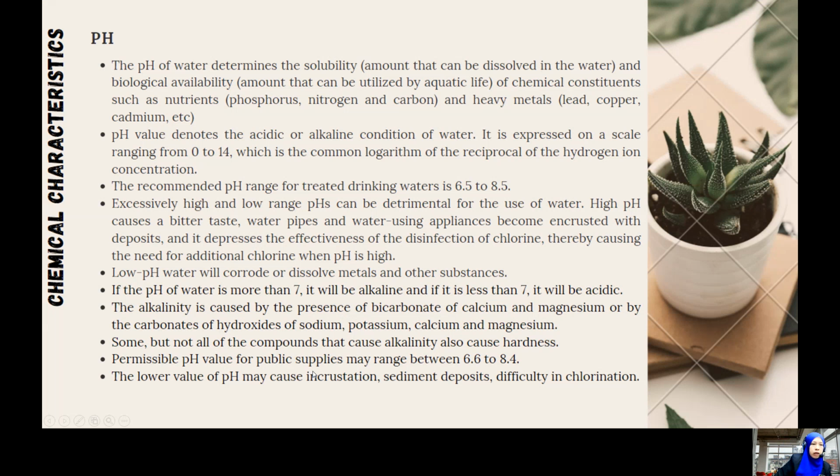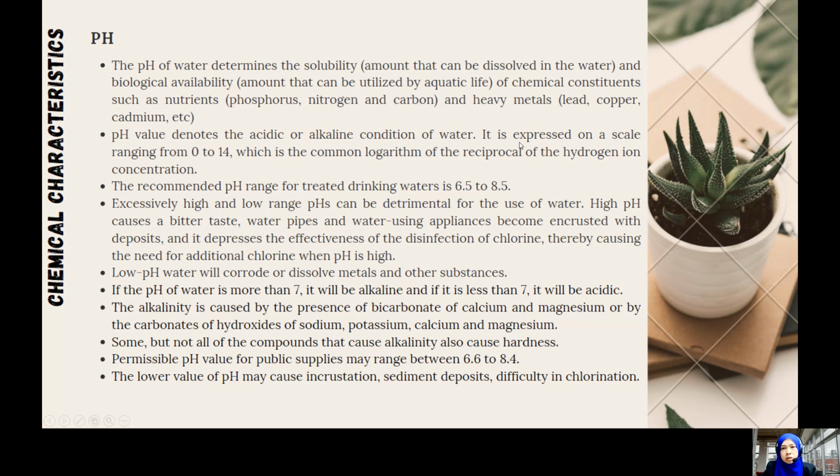Okay, for chemical characteristics, we look first at pH. What is pH? The pH of the water determines the solubility, and the pH value denotes the acid or alkali condition of water.